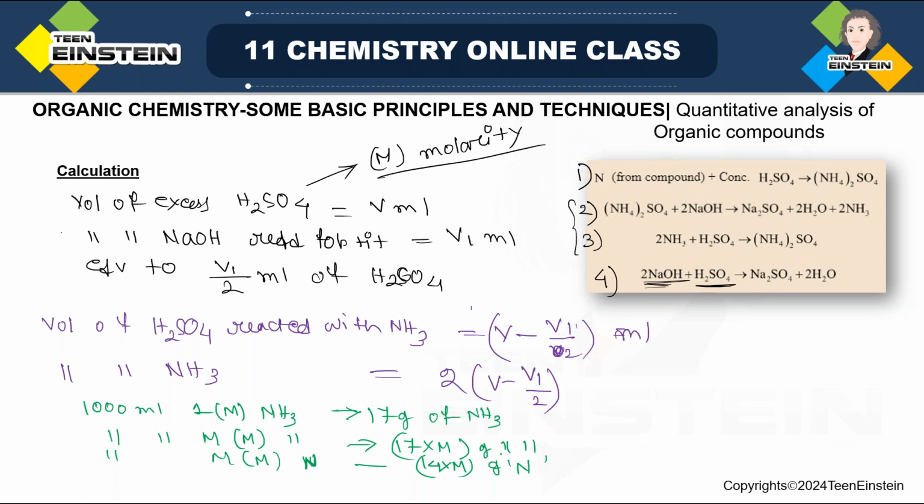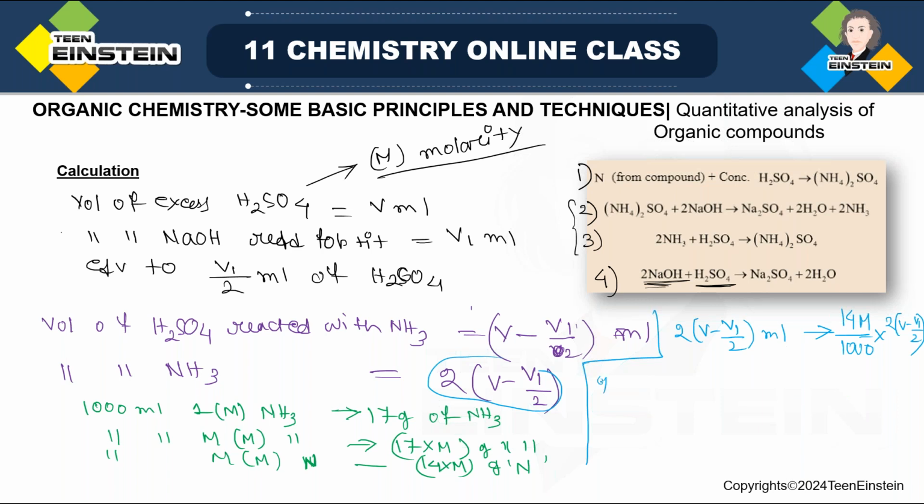So if it is the case, now we can say this is for 1000 ml, but we need it for this ml. So for 2 into (V minus V1 divided by 2) ml M molar, in this amount, the mass of nitrogen will be 14 M divided by 1000 multiplied by 2 into (V minus V1 divided by 2).